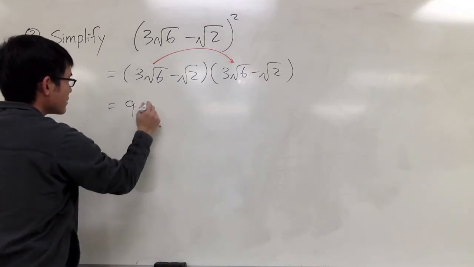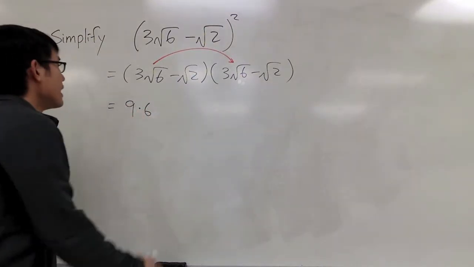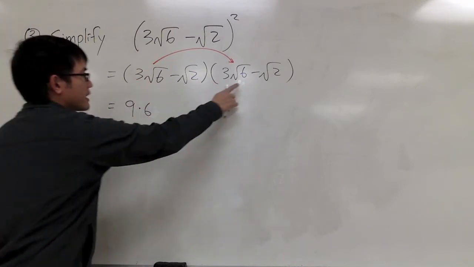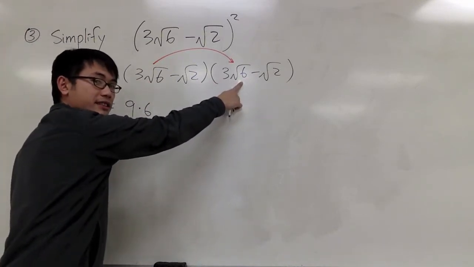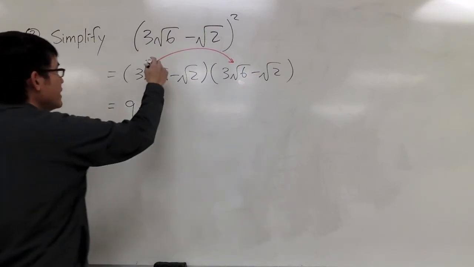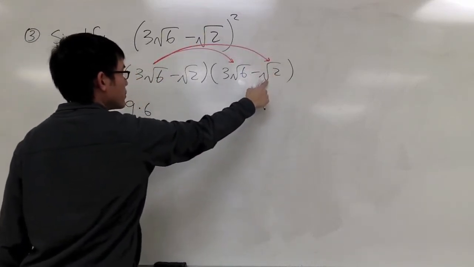So I have 9 times 6 for the first one. Okay? So once again, 3 times 3 gives us a 9. Square root of 6 times square root of 6, which is square root of 36, turns out to be a regular 6. Then continue with 3 square root of 6 times negative square root of 2.